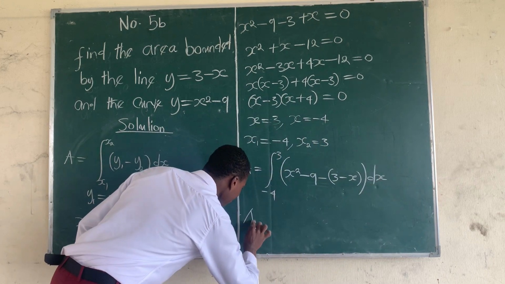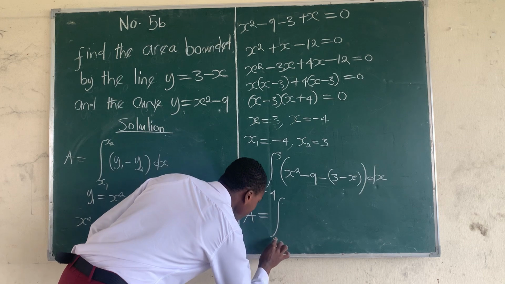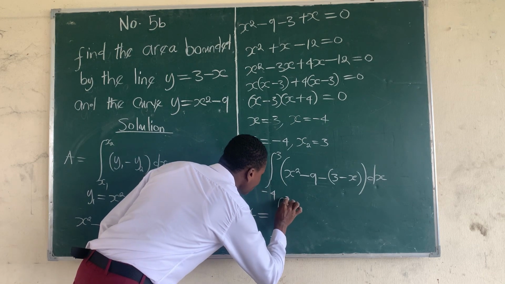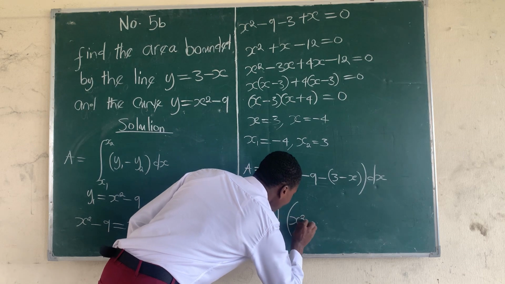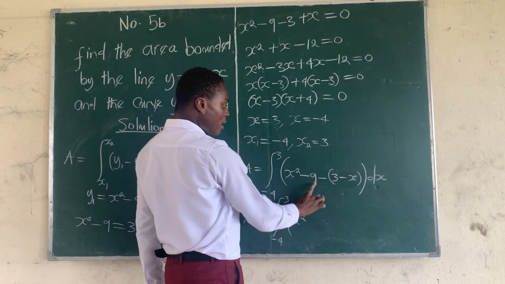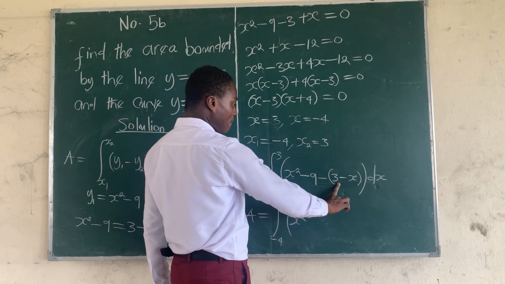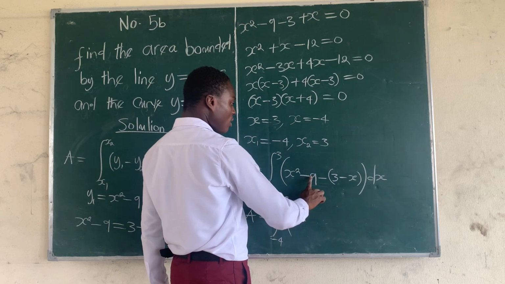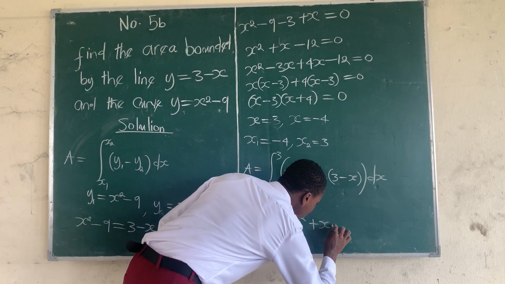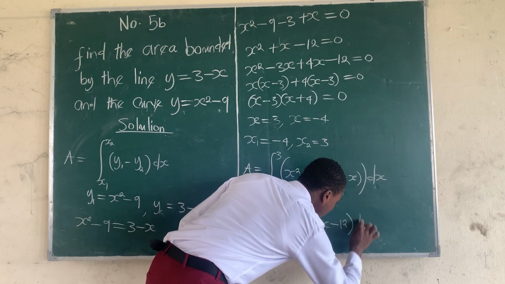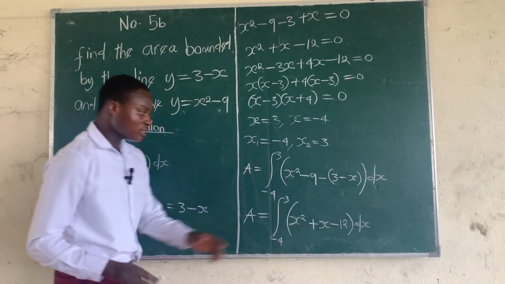So we have our area to be equal to the integral from minus 4 to 3 of x squared. Then if you open this bracket, you have minus 9 minus 3, which becomes minus 12. Then minus minus becomes plus x. So x squared plus x minus 12 dx. So we have to integrate this now.